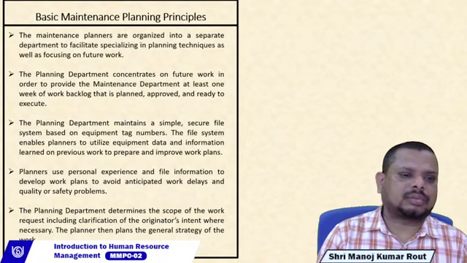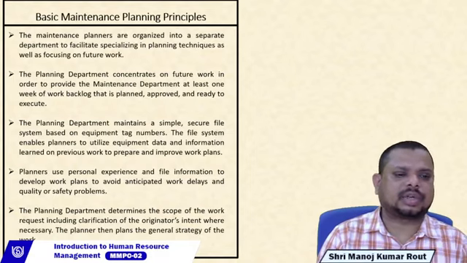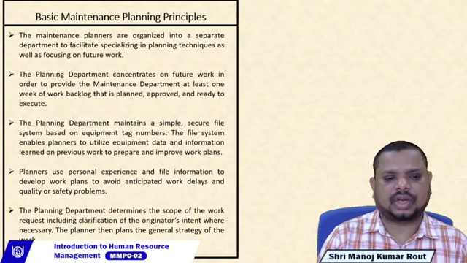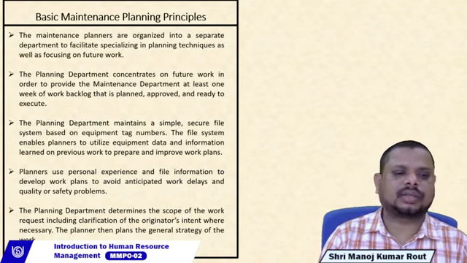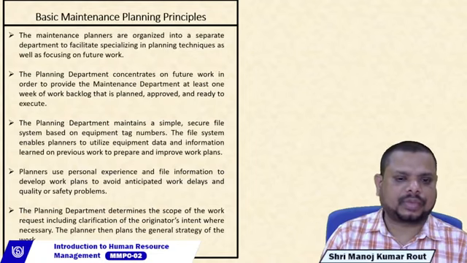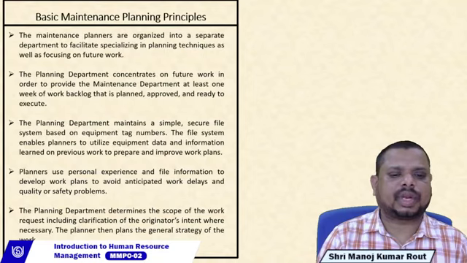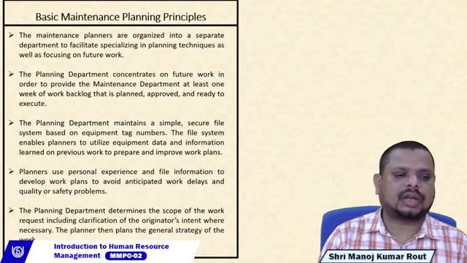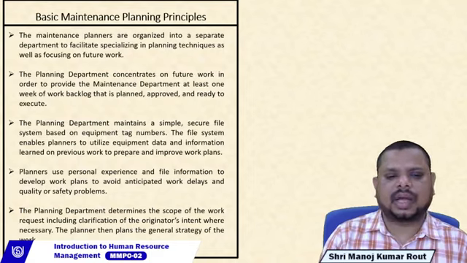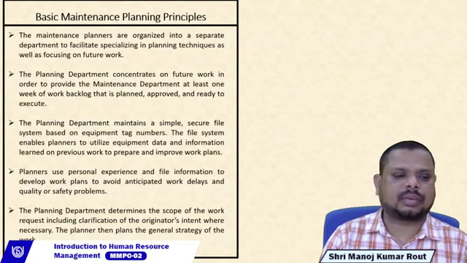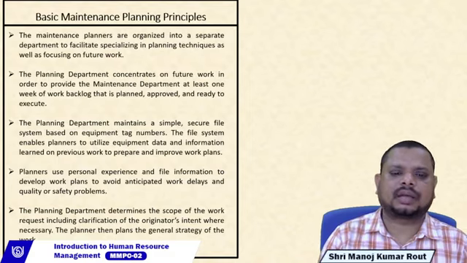The third principle: the planning department maintains a simple, secure system based on equipment tag numbers, and the file system enables planners to utilize equipment data and information learned on previous work to prepare and improve the work plan. The fourth one: planners use personal experience and file information to develop the work plan to avoid anticipated work delay and quality and safety problems.